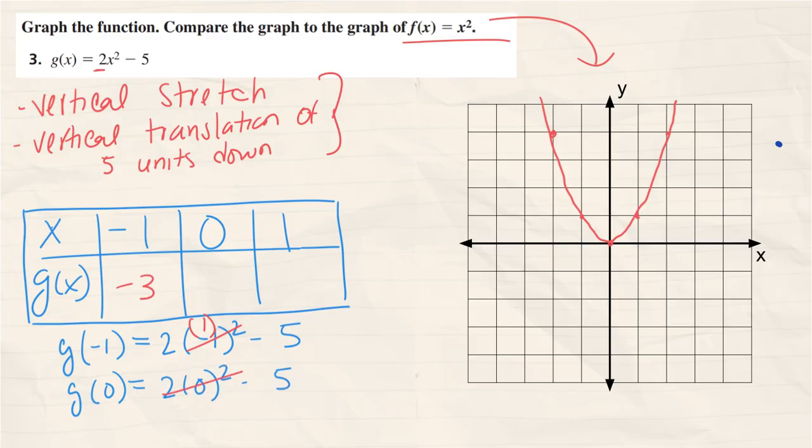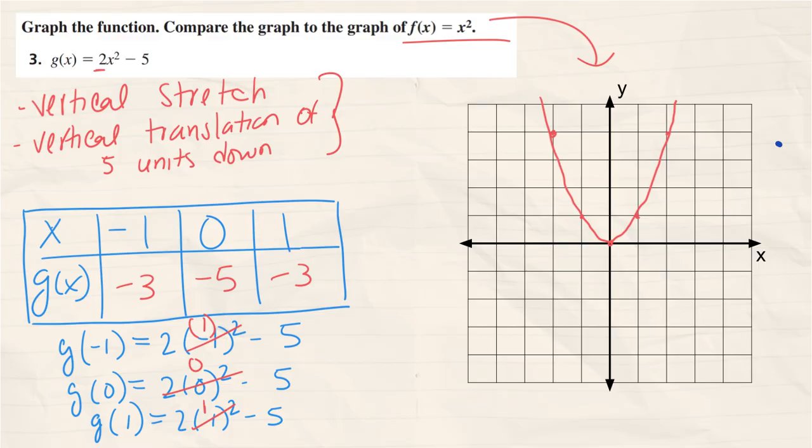I know this cancels out, so 0 minus 5, my answer is -5. If I have g of 1, it's going to be 2 times 1 squared minus 5. I know that this becomes 1, and 2 times 1 gives me 2, minus 5, I get again negative 3.